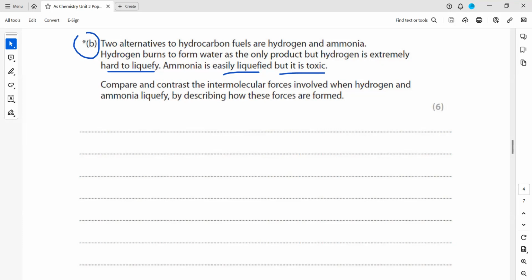First thing, any molecule, even if it has dipoles or even if it does not have a dipole, will always have London dispersion forces. So both hydrogen and ammonia, because they have electrons, and whenever electrons are there, there will be London dispersion forces.